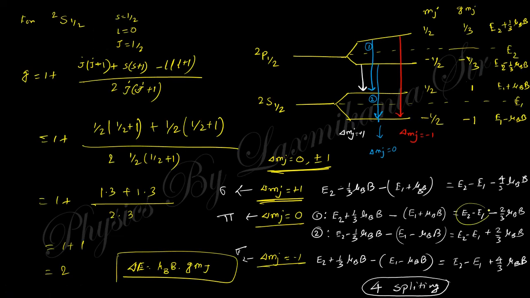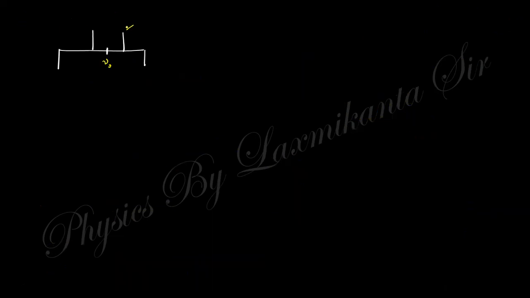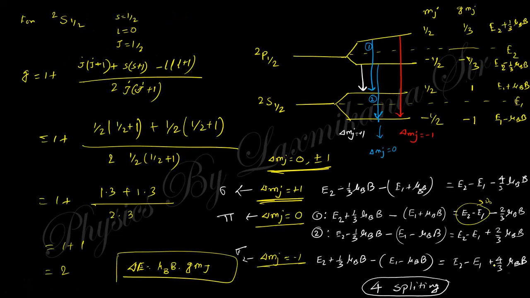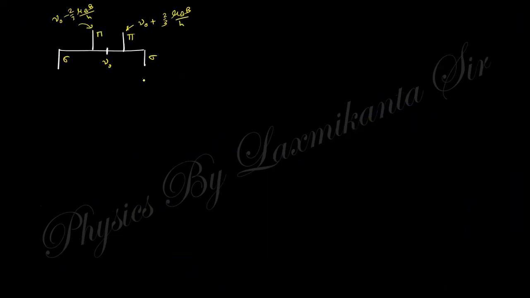If you take this as nu naught, then the frequency at this position will be nu naught plus 2/3 mu b by h, and the value of this region will be nu naught minus 2/3 mu b by h, and these are the pi components. For the sigma components, here this is plus and this is minus, so this is 4/3 mu b by h, and for that nu naught minus 4/3 mu b by h.